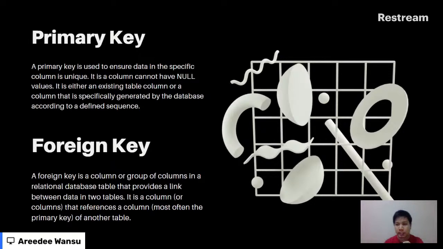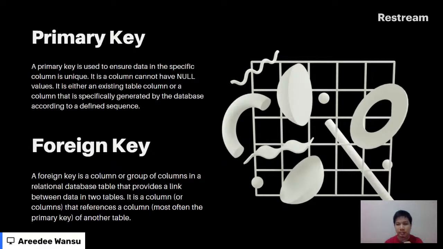It cannot be a duplicate, meaning the same value should not appear more than once in the table. A table can have more than one primary key. A primary key can be defined at the column or the table level. If you create a composite primary key, it should be defined at the table level. And next is, what is a foreign key?